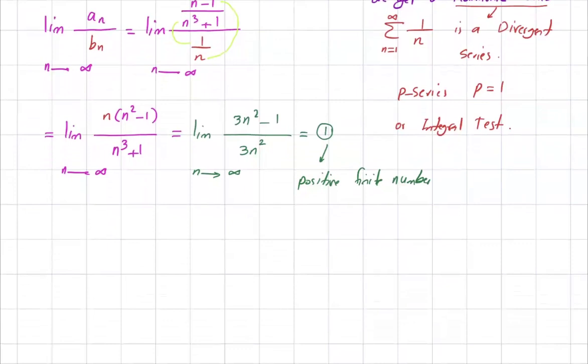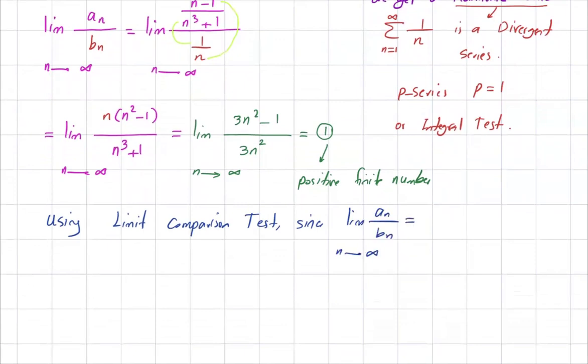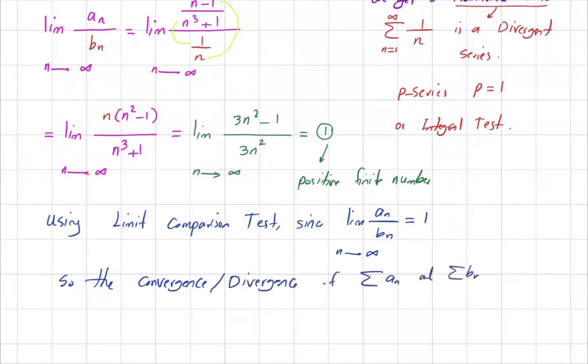using the limit comparison test, since the limit of a_n divided by b_n as n goes to infinity is equal to a positive finite number, the convergence or divergence of the summation of a_n and the summation of b_n are the same.